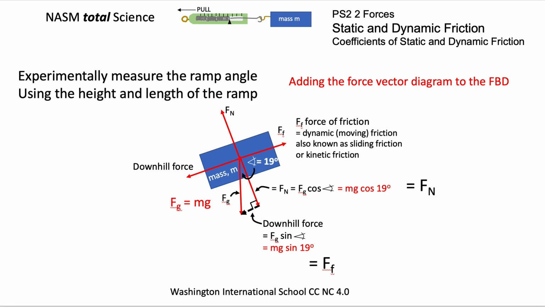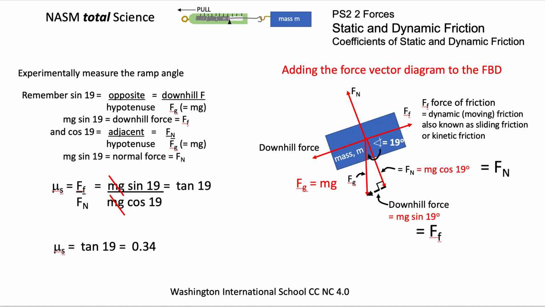And going back to the equation that we had, we know that the coefficient of static friction equals the downhill force Ff over the normal force Fn. And the mg's cancel out here, and so you get sine over cos, which equals the tan of the angle, and so we can actually get the numerical value for the coefficient, which doesn't have any units.